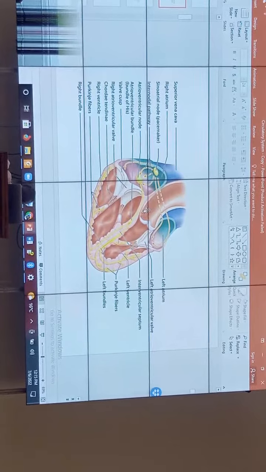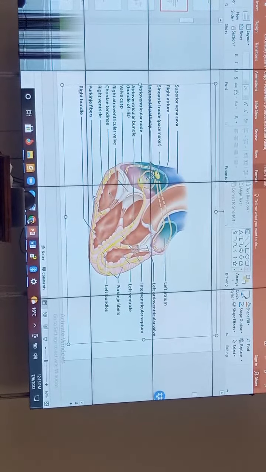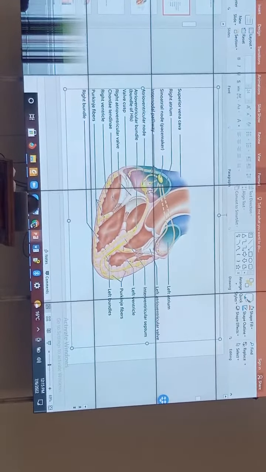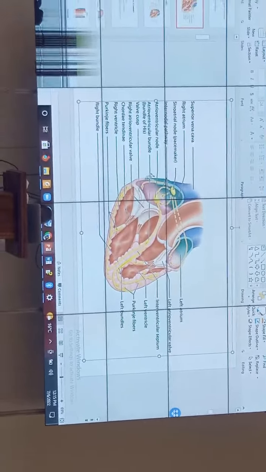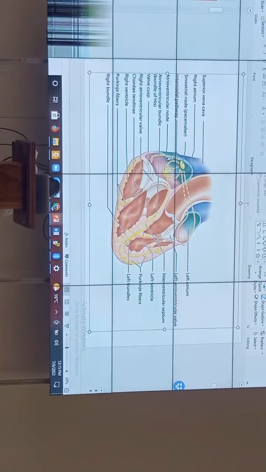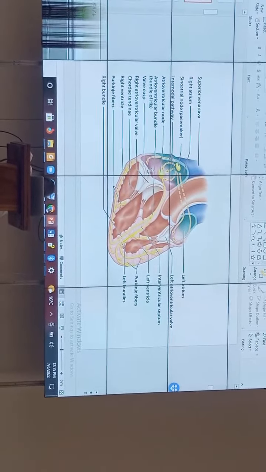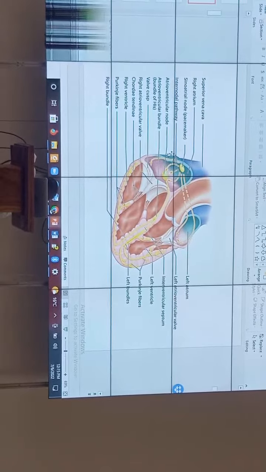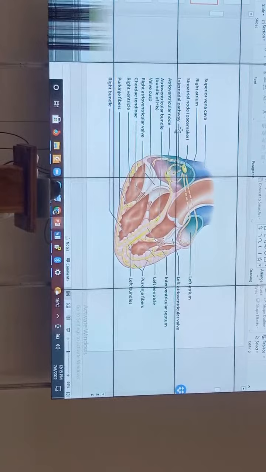Okay, so let's now talk about this conducting system. The conducting system of the heart is the one that has been indicated in this heart by these yellow structures, okay? So the conducting system of the heart comprises, one, the sinoatrial node, usually abbreviated as the SA node.